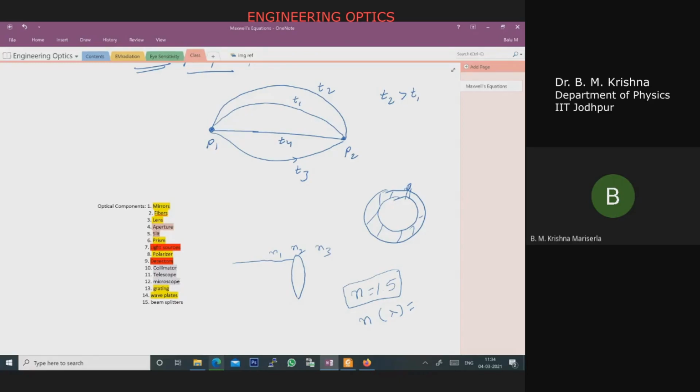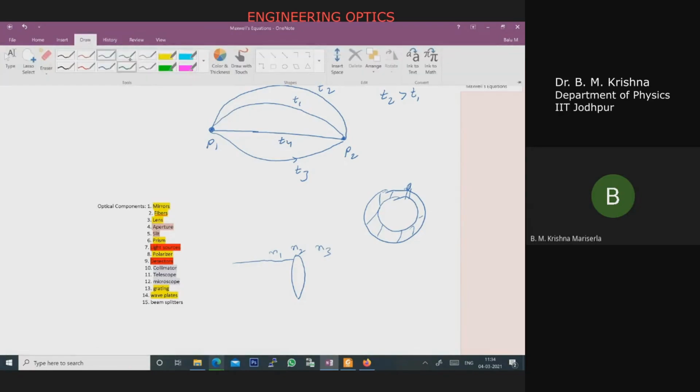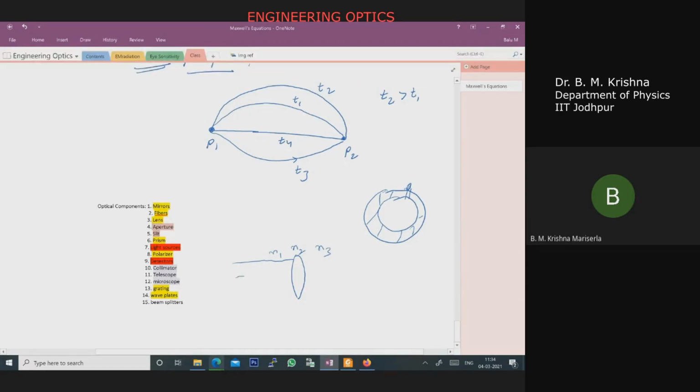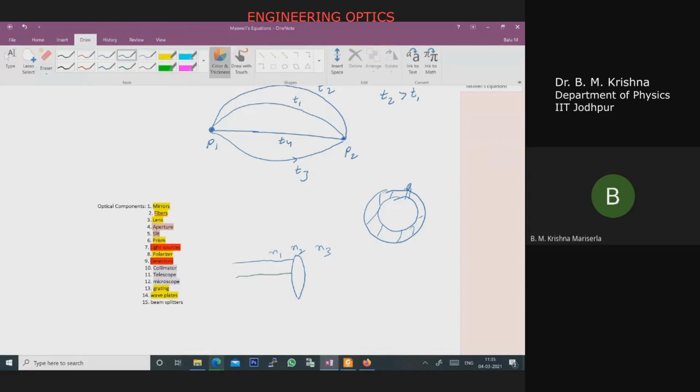Now if you have different wavelength components propagating through, what happens? The different colors, for example this one is blue color. Just for visual understanding, I'm giving different colors.